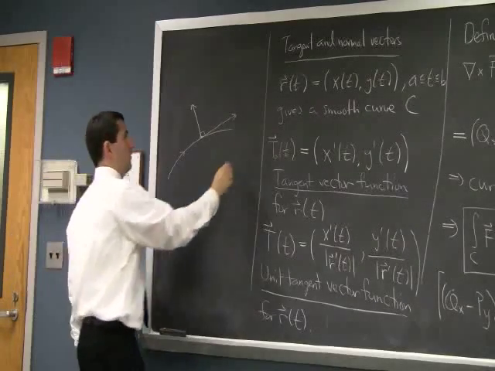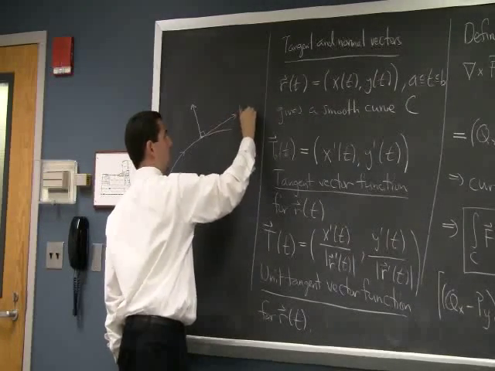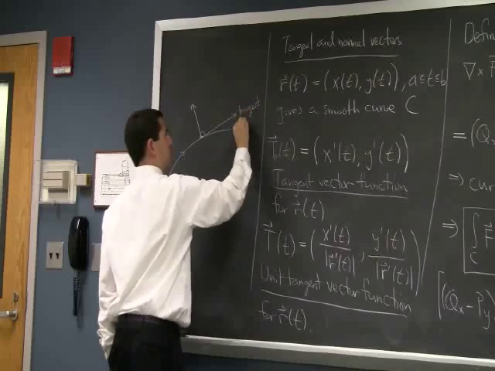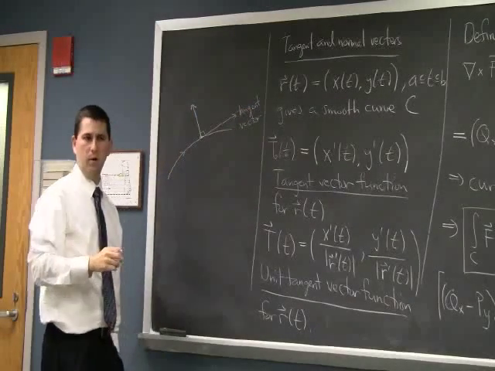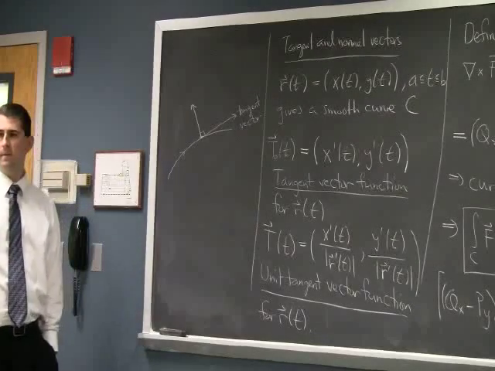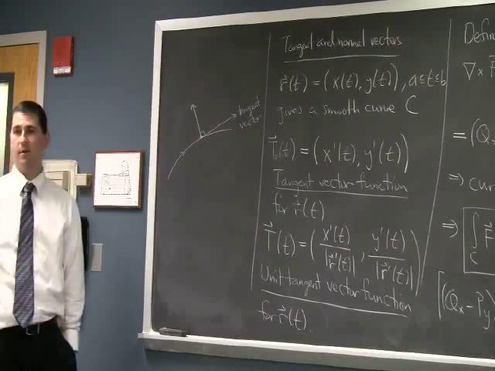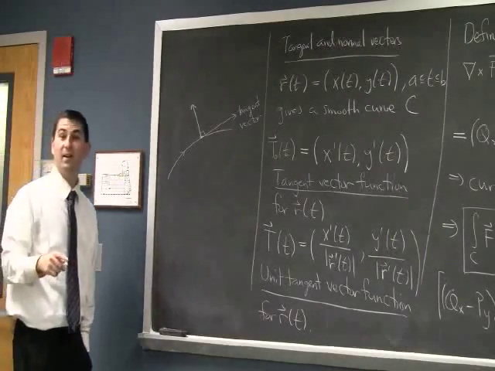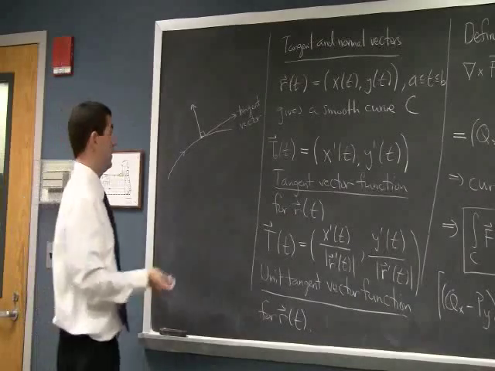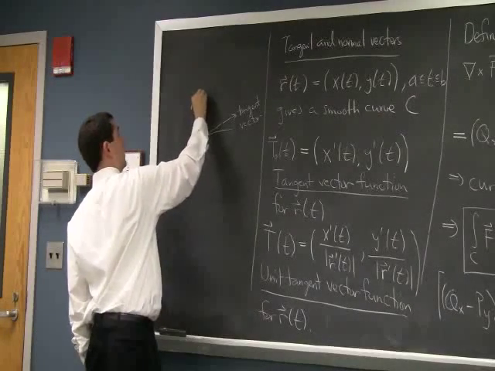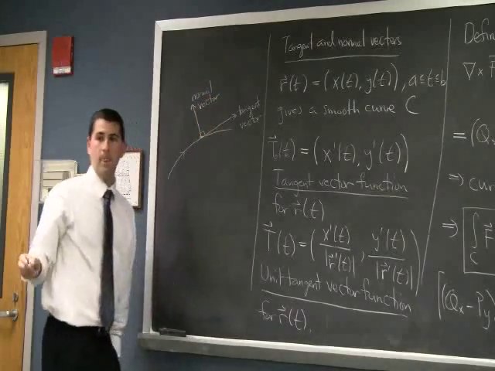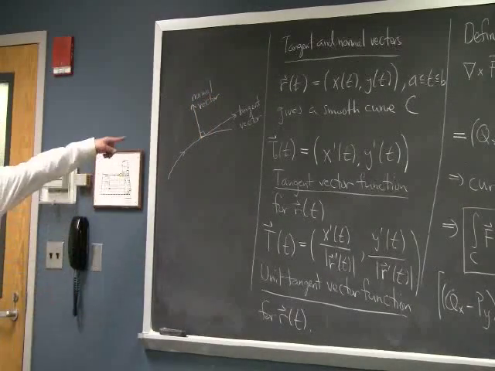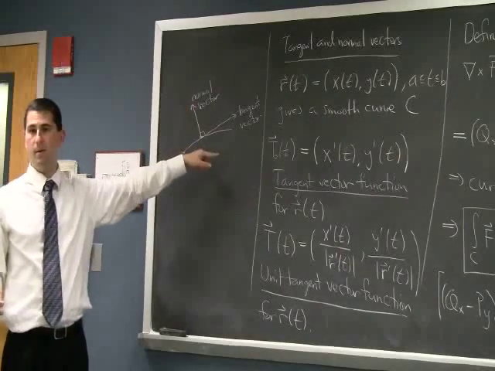So this is the tangent vector. And this one, anybody know what this is called? I'll give you a hint. The n up there is the start of the word. What's that? Normal. That's actually right. So this is the normal vector. So when you go perpendicular to the tangent vector, this is usually called the normal vector.